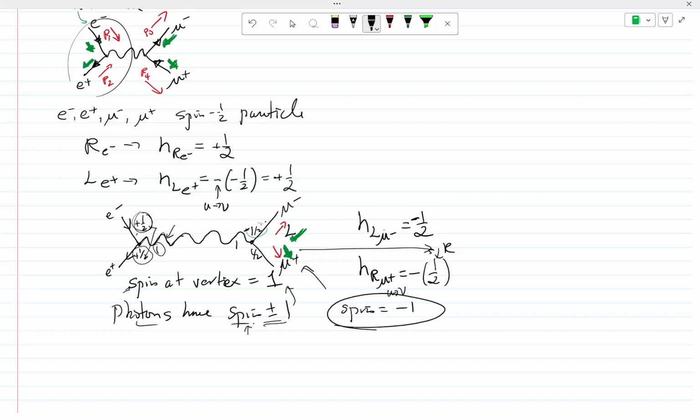The main thing you want to make sure of is that the helicities of these incoming particles both add up to 1, and whatever comes out is either plus or minus 1. And the helicity of the outgoing particles, with the negative sign we figured out, comes out to be either plus or minus 1/2, because the photon in between can only have a helicity state of either plus or minus 1, also known as the two polarization states.